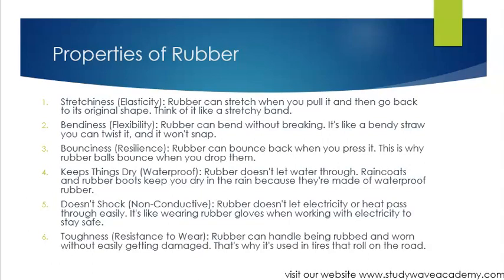So rubber is flexible. It can bend without breaking. Bounciness. Rubber can bounce when you press it. This is why rubber balls bounce when you drop them. So rubber is resilient, meaning it can absorb and store energy when you press or squeeze it.